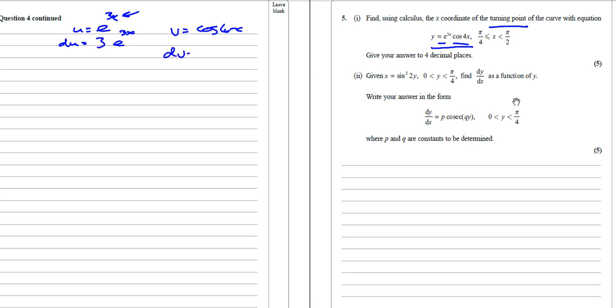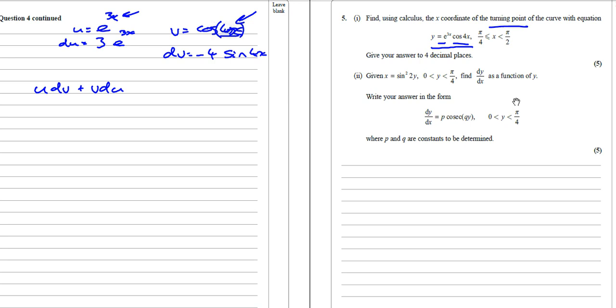And dv, when we differentiate cos, we're going to get minus sine 4x, but then just like in the last video, we have to differentiate this thing here, what we're cosing. So if we differentiate 4x, we're going to get 4, so it's going to be minus 4 sine 4x. And then when you differentiate, you're going to have u dv plus v du.